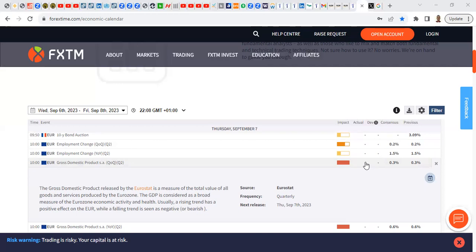When you hear short position, I want to go short for this currency pair, that means the person wants to sell. Or if you say this currency is bearish at the moment, that means it's selling. It's going down at the moment.